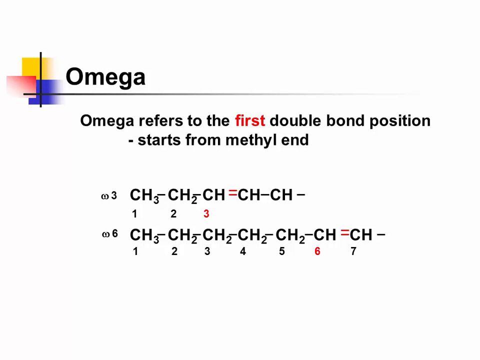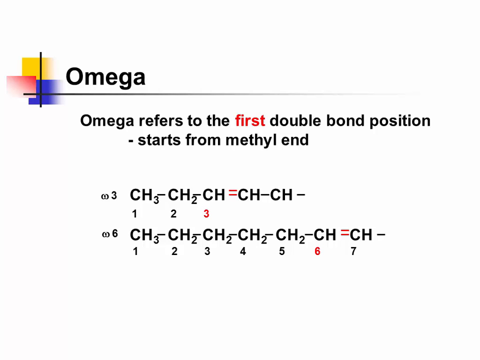Omega usually refers to the first double bond position, starting from the methyl end. For example, in omega-3 fatty acids, the first double bond is located between carbon 3 and 4 from the methyl end, so we call these omega-3 fatty acids. In omega-6, the first double bond starts from carbon 6.